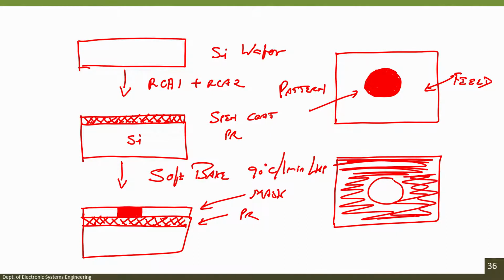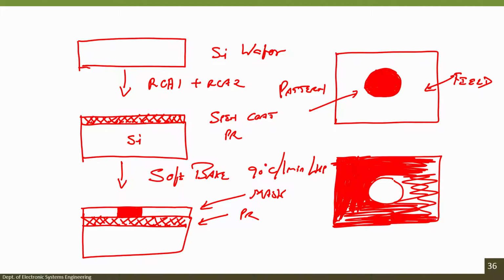Assume that everything is completely dark, where light cannot pass through it. When my field is dark and the pattern is bright, you can see the pattern is transparent. This is called my dark field mask. Field is dark and pattern is bright, dark field mask. When field is bright and pattern is dark, we have a bright field mask.